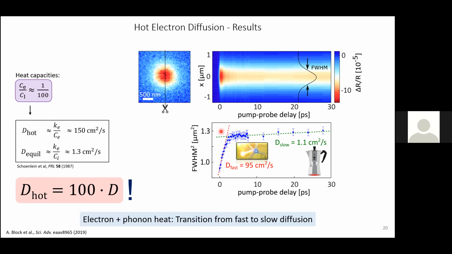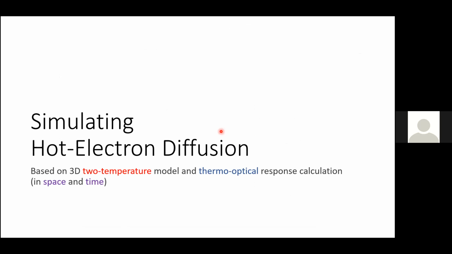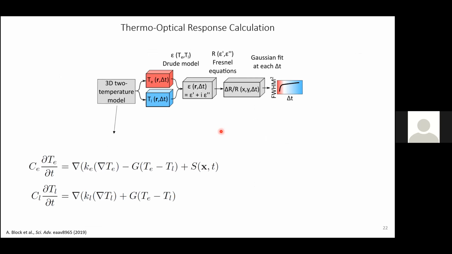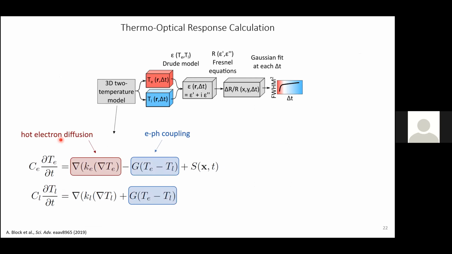Yeah, so this transition from fast to slow can really be understood also in terms of simulation. We use the 3D two-temperature model, which is just this equation here, which has for the electron and the lattice heat a similar equation to what I showed you for the silicon. So you have a diffusive term, and you have this decay term, which is now coupling these two differential equations.